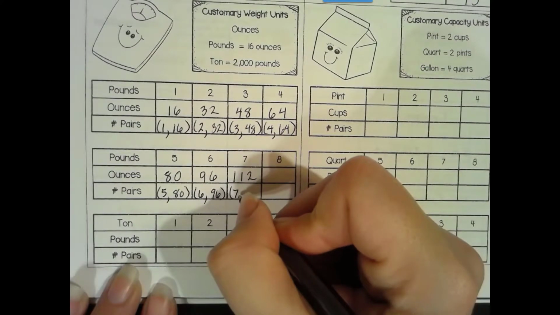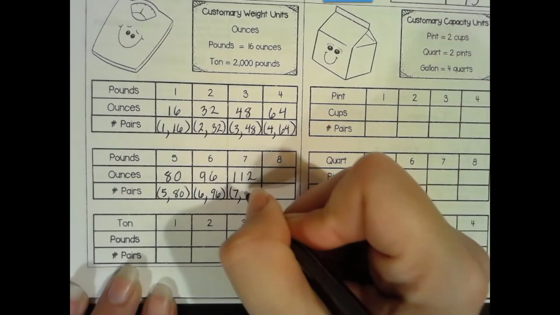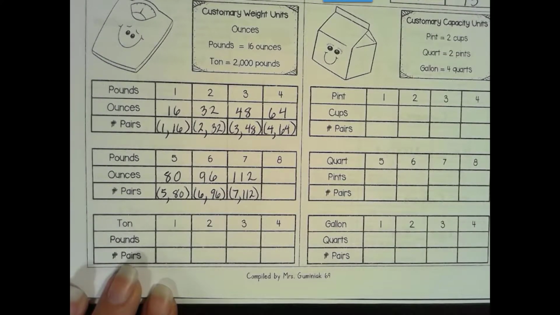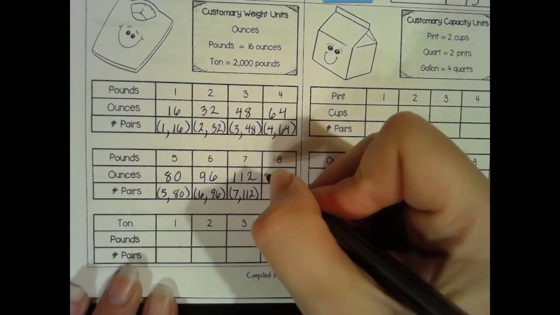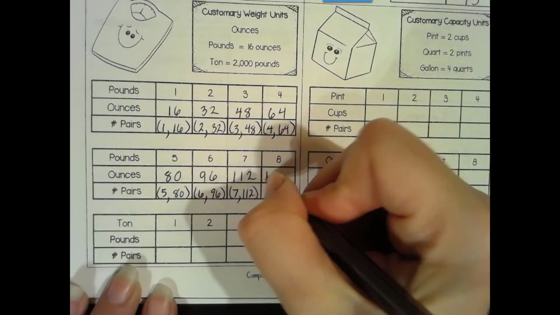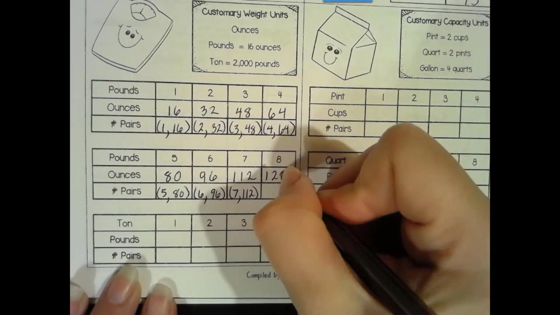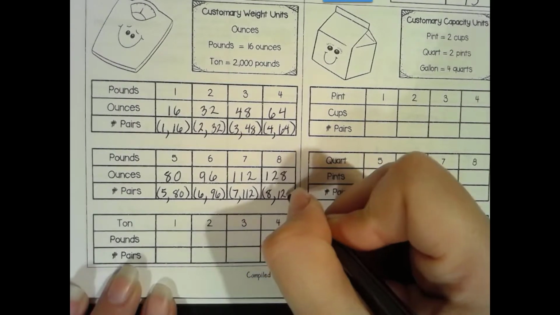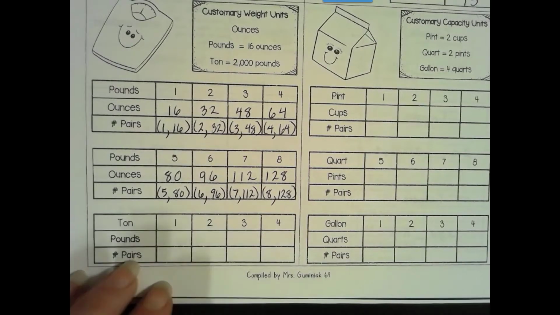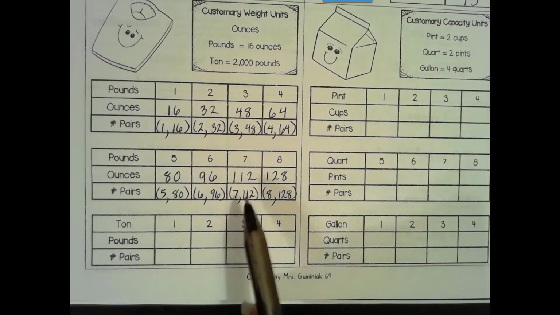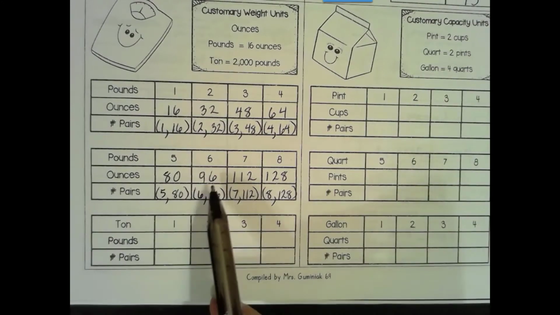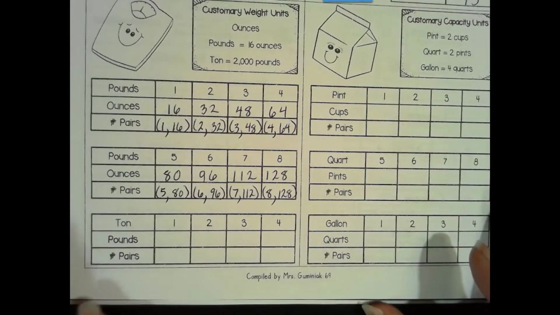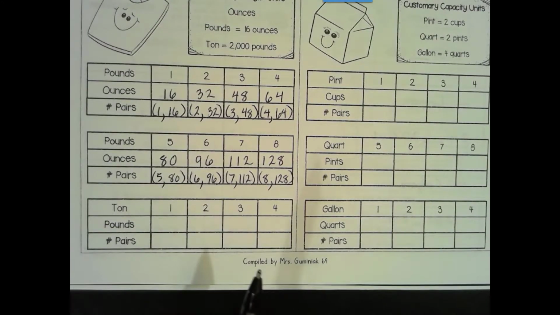So for every 7 pounds, there's 112 ounces. And then 8 times 16 is 128. So for every 8 pounds, 128 ounces. All I actually did is add 16 each time. But it's more challenging than multiplying by 10 or 100.